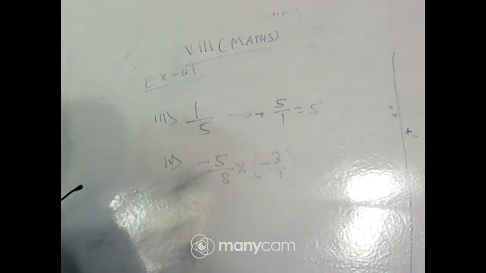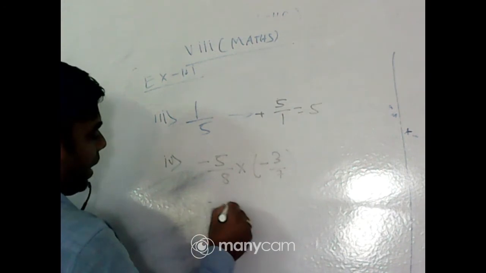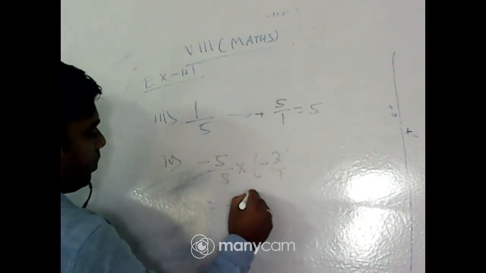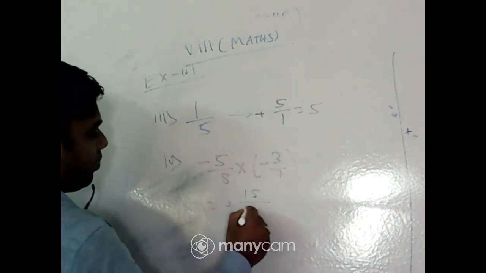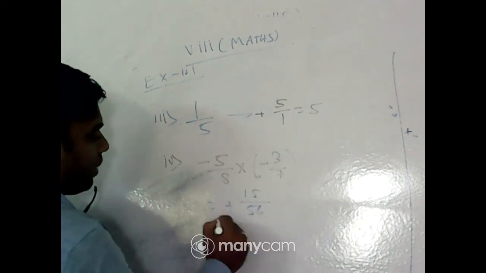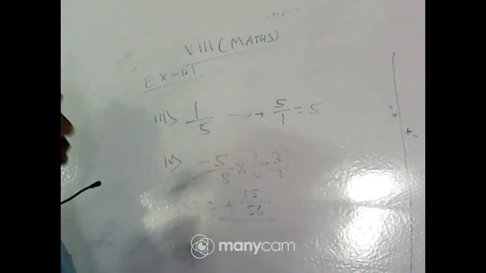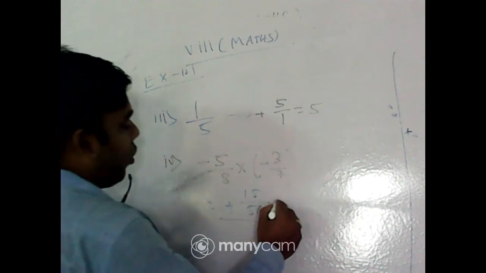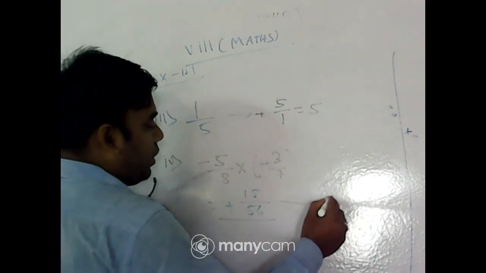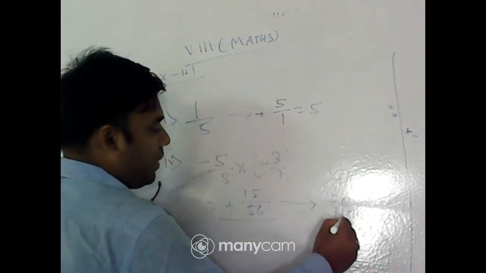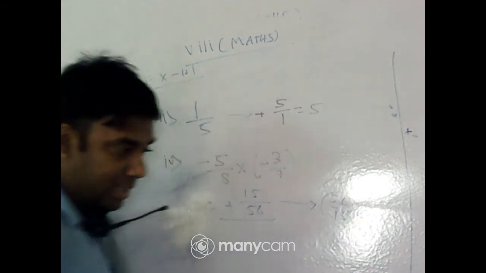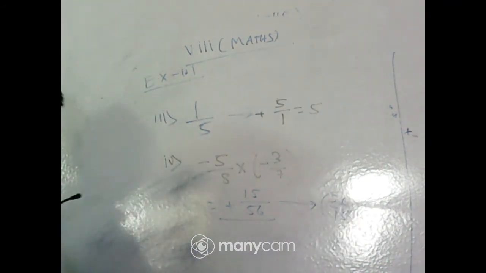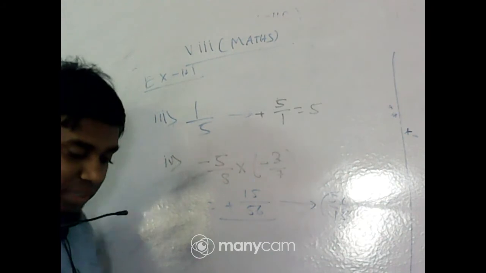First of all, just take the product. Minus into minus is plus, 5 into 3 is 15, and 8 into 7 is 56. So it is a positive number, so its multiplicative inverse will also be positive, and that will be 56 by 15. Is it clear? Yes. Very good. Next question.